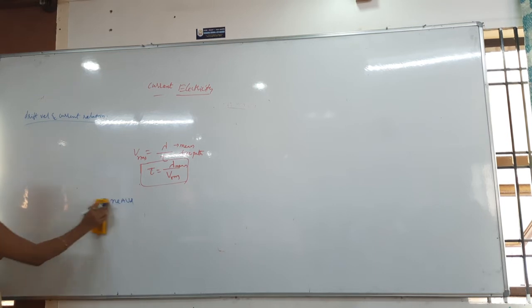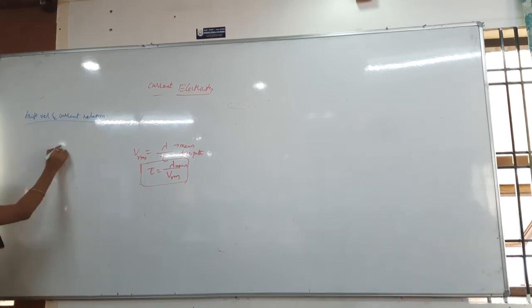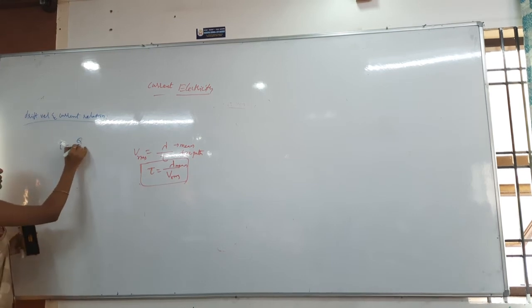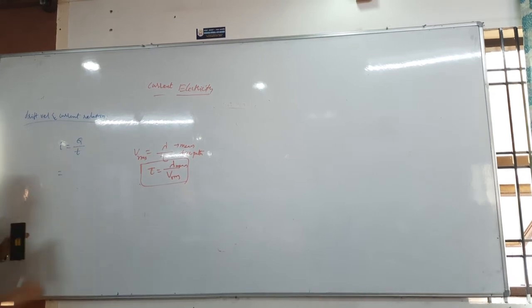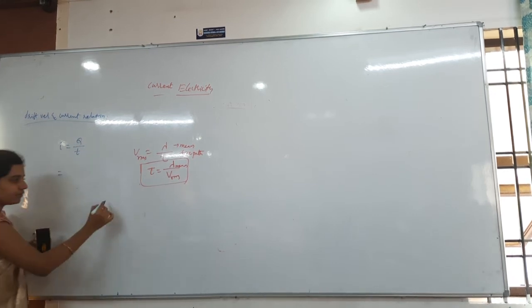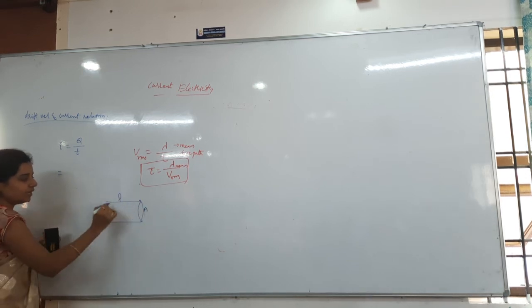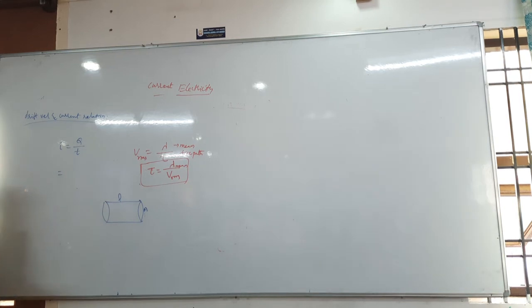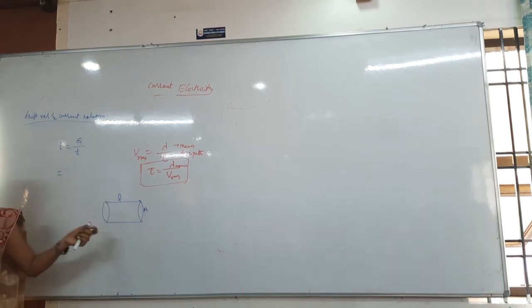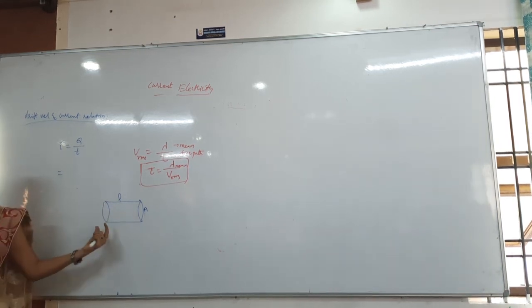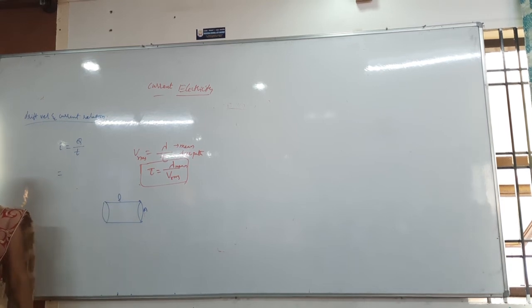We'll solve that. So here I is equal to, what is the basic formula of I? I is equal to dq by dt, q divided by t. For example, in our conductor, we have taken the conductor here, having area A and length L. In that conductor we have the number of electrons per volume, which you always have to consider.